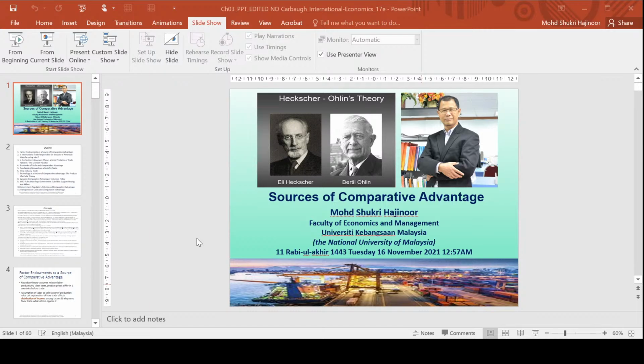So Swedish economists addressed two questions unexplained by Ricardo. Other than productivity or opportunity cost, what determines comparative advantage, and what effect does international trade have on earnings of various factors of production? 1977.